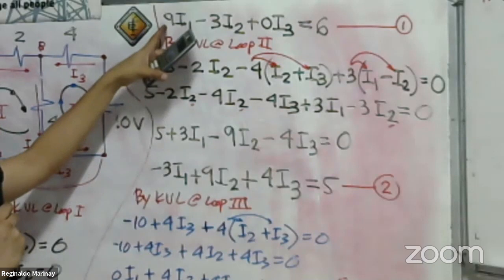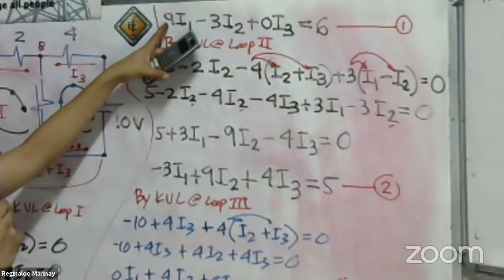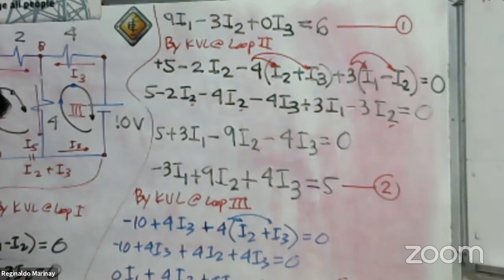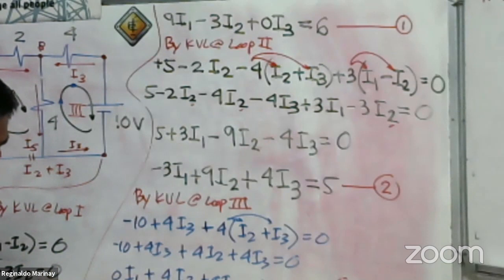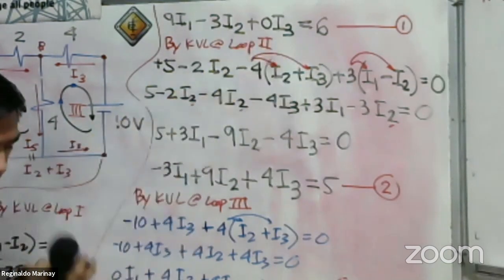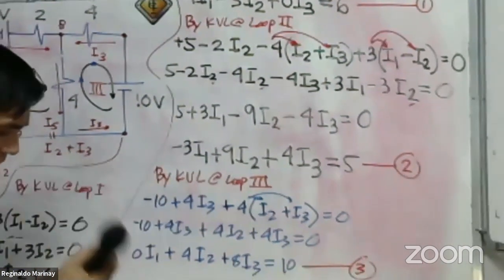Then you press now. Here from left to right. Take a look at the numerical coefficient. 9 equals. Then we have here negative 3 equals. Then 0 equals. Then 6 equals. Then let's go to equation number 2. Negative 3 equals.